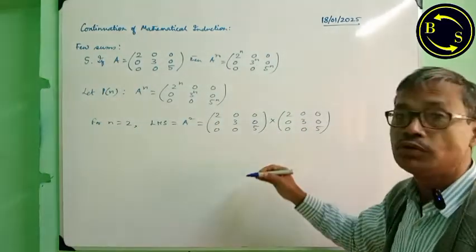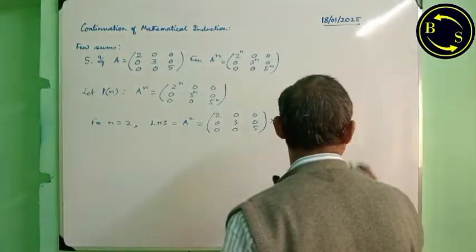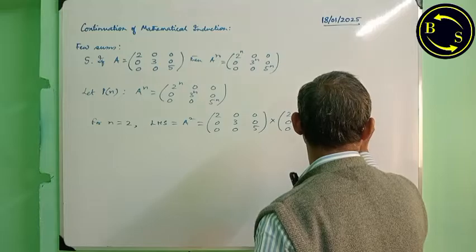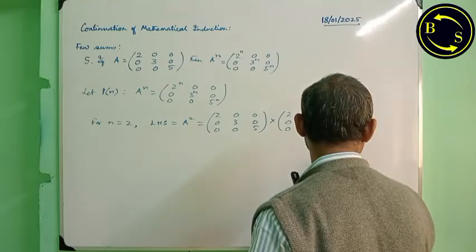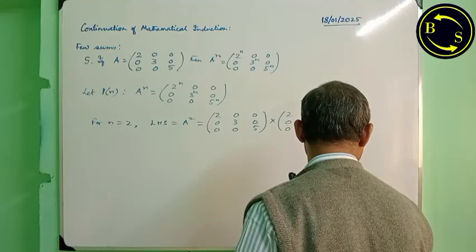You show the steps on the right side like this. I discuss like this for first row, then for second row, then for third row.